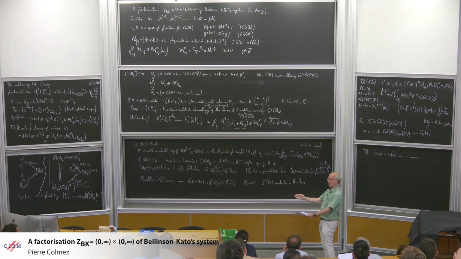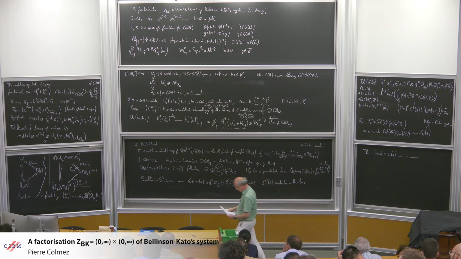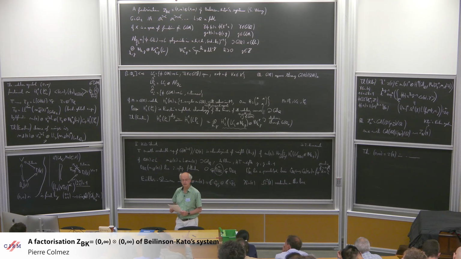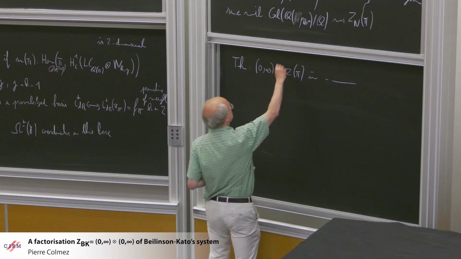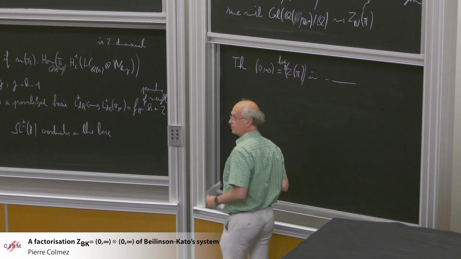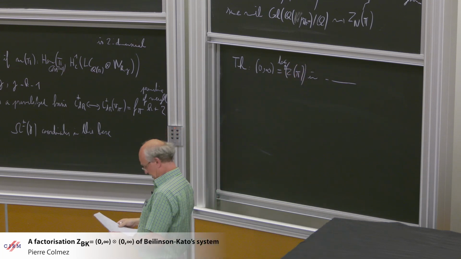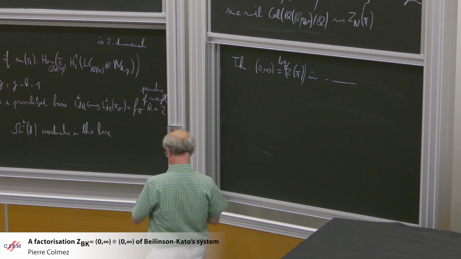So now you actually can compare the two elements. If you actually want to, it's a localization at p of this one, zero infinity. Okay, so the proof goes as follows.